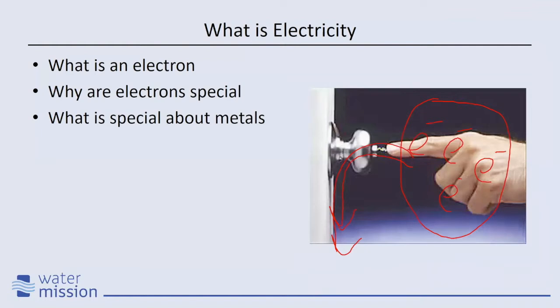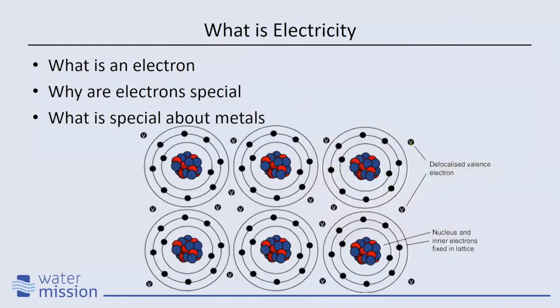Now, let's talk about metal, because we know that metal is what we use in electrical systems. We use metal wires, metal components, and that's because metal has a special property with its electrons. You can call them delocalized valence electrons.